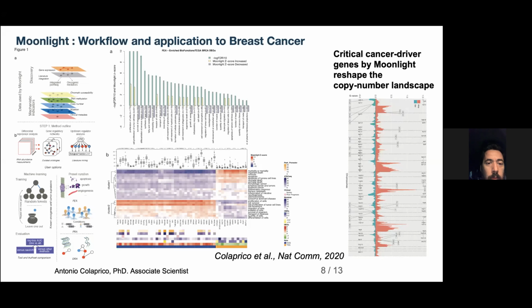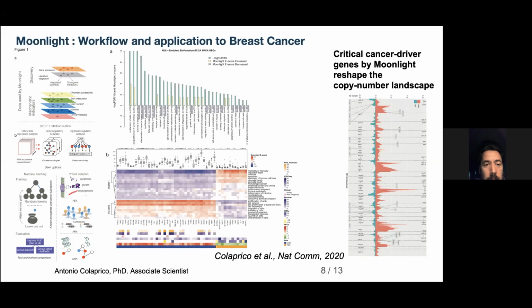Then we infer a network and look into the literature information on biological processes. We obtain a correlation score between the gene being differentially expressed and the annotation of the gene's role in apoptosis and proliferation of cells being consistent. Then we came up with this Moonlight Z-score.